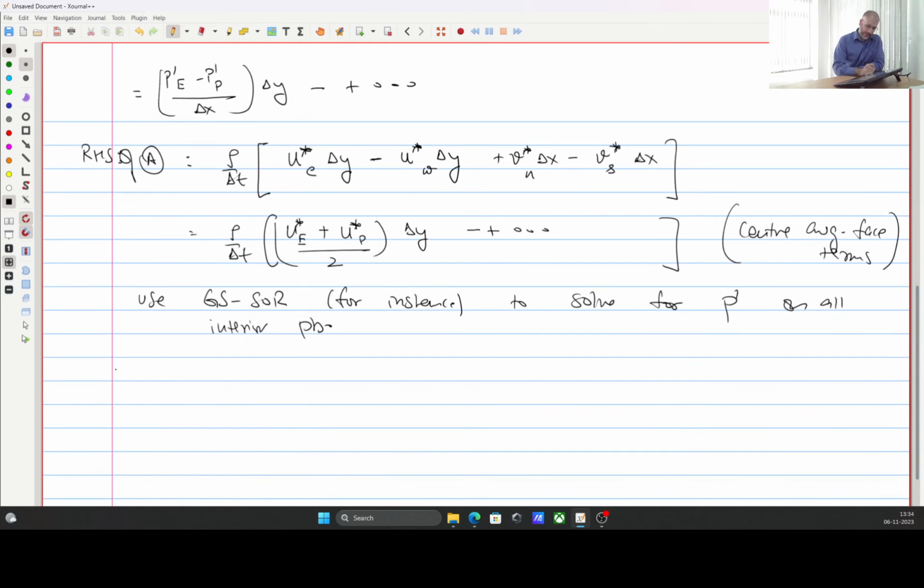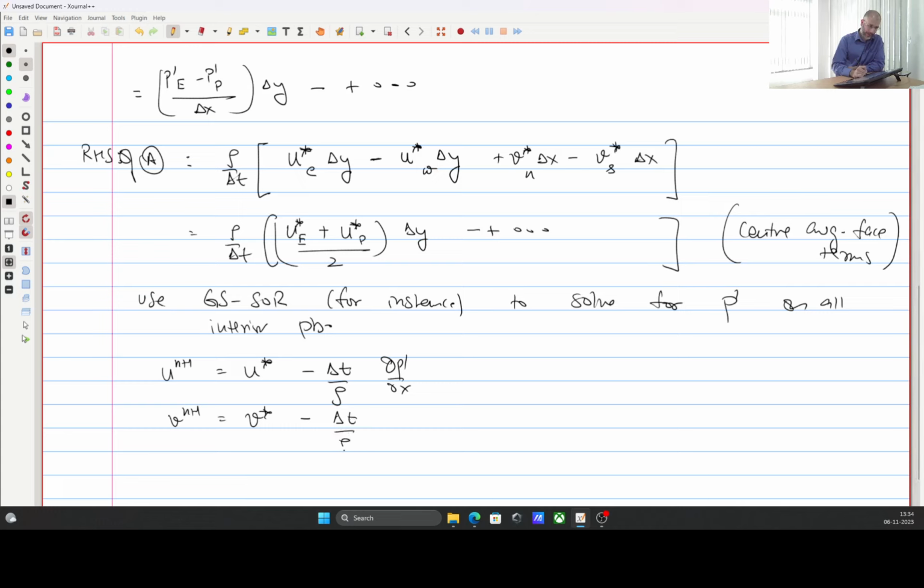Right, so this is solving for p prime, but that does not give us u n plus 1. The aim is to get u n plus 1. So once you get this, then you have to correct the velocities using the velocity correction formula, which is this one for u n plus 1 and for v n plus 1 as well. Remember, u star and v star are already known. They were solved in the predictor step.